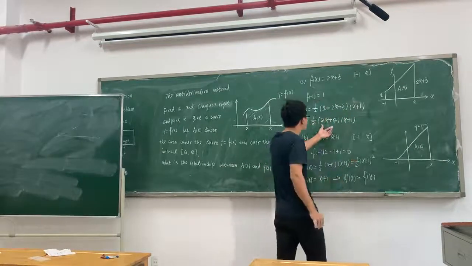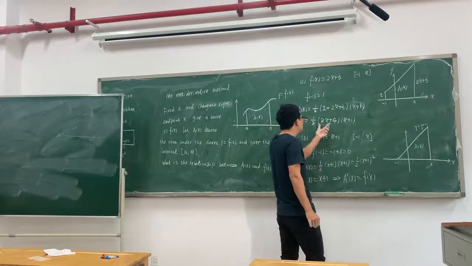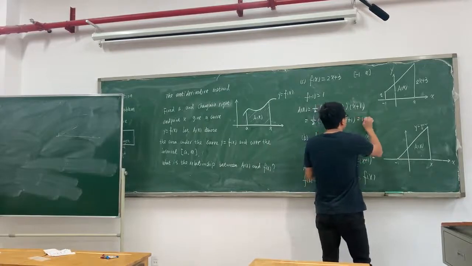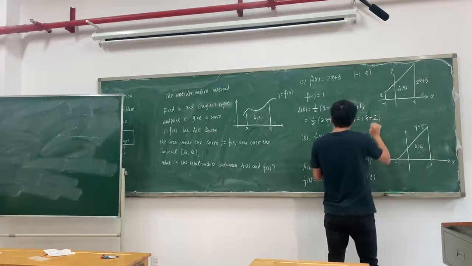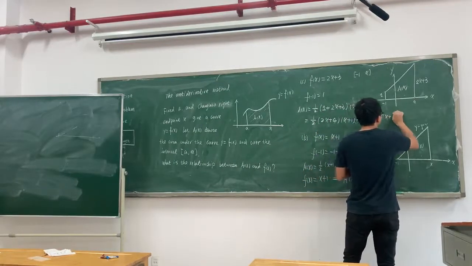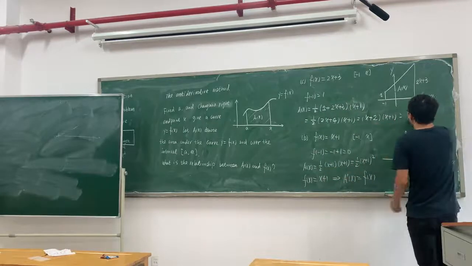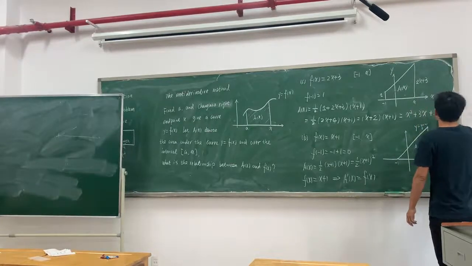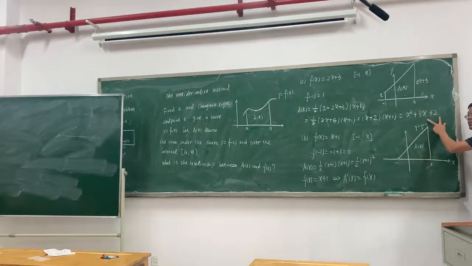We can take 2 out, and 2 and 1/2 cancel. So here is x plus 2 times x plus 1. So we can open it: x squared plus 3x plus 2. So A(x) equal to x squared plus 3x plus 2.